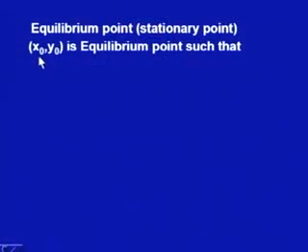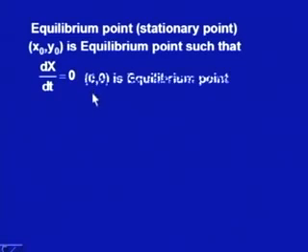We define a stationary point (x0, y0) for the given system such that dx/dt is equal to 0. By this I mean that (0, 0) is an equilibrium point, because this system means dx/dt is equal to Ax is equal to 0. Now, Ax is a homogeneous system, and this homogeneous system will always have (0, 0) as a solution. So, (0, 0) is an equilibrium point. There may be other equilibrium points possible for this dynamical system.